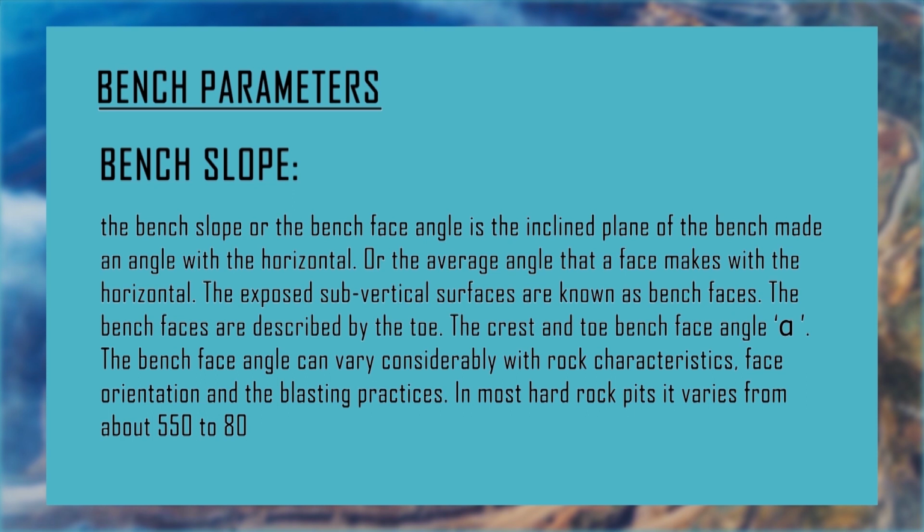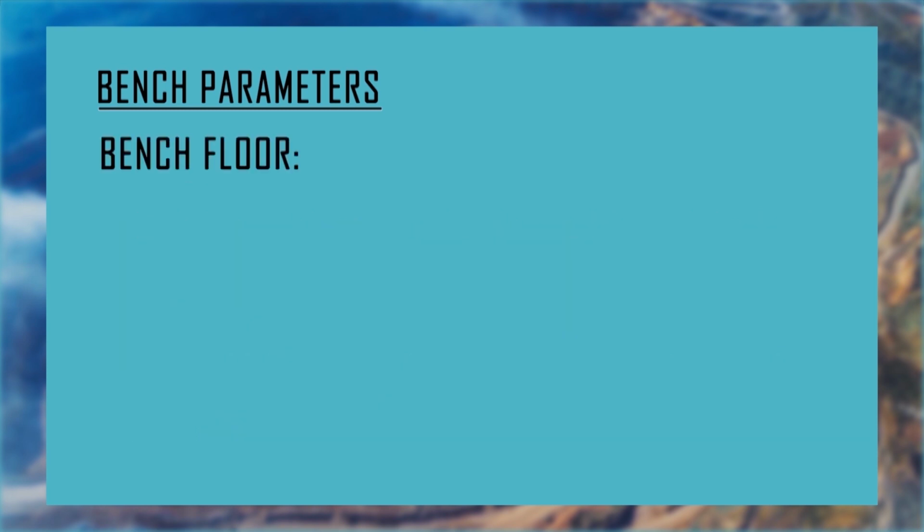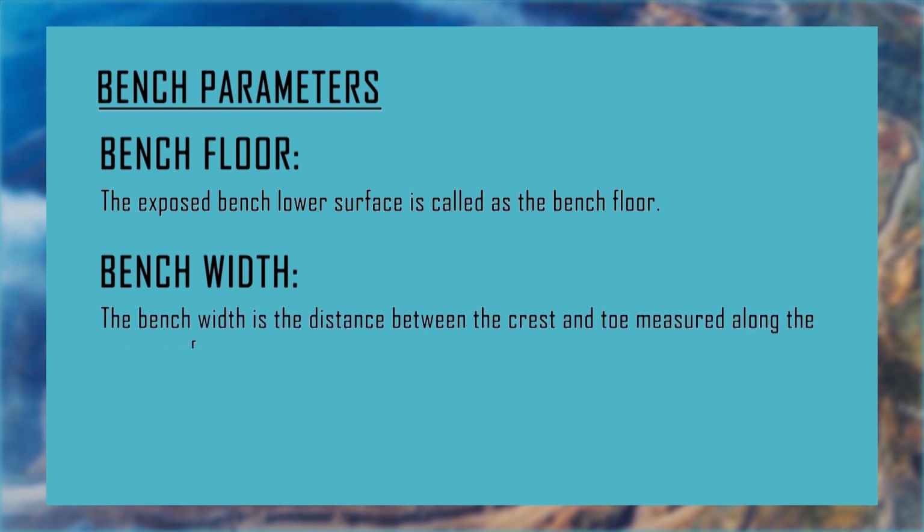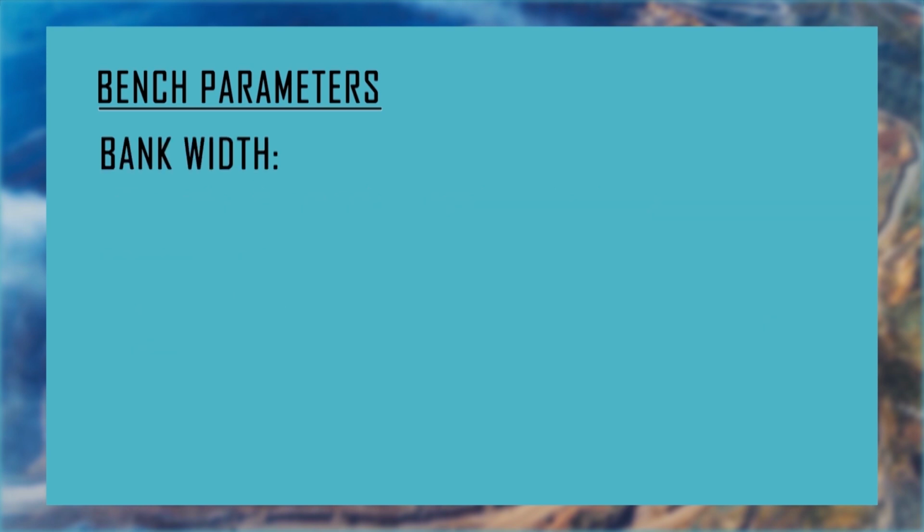In most hard rock pits, it varies from about 55 degrees to 80 degrees. Now, bench floor. The exposed bench lower surface is called bench floor. Again, bench width. The bench width is the distance between the crest and toe measured along the upper surface. Bank width is the horizontal projection of the bench face.